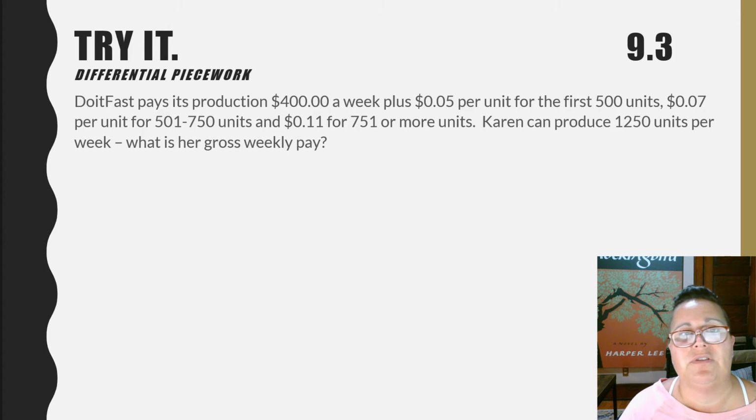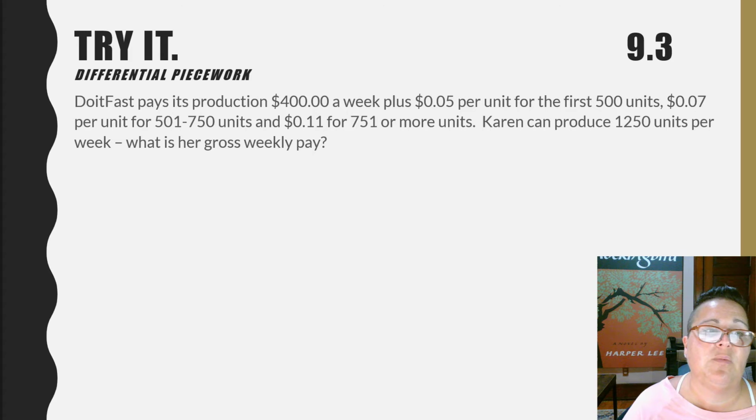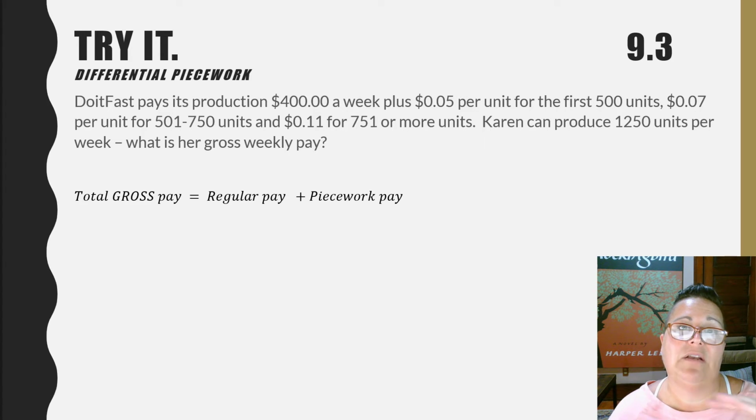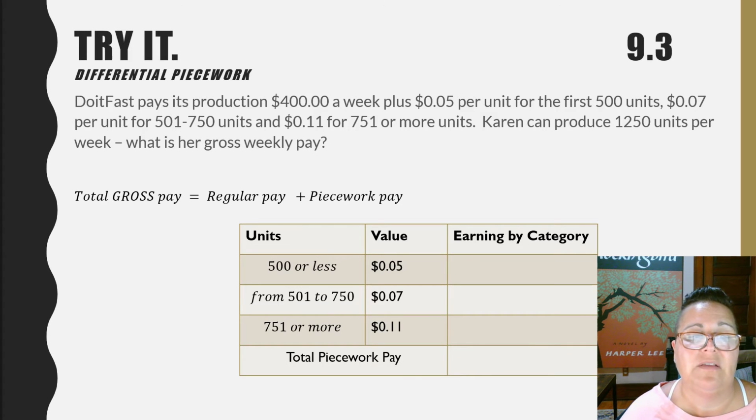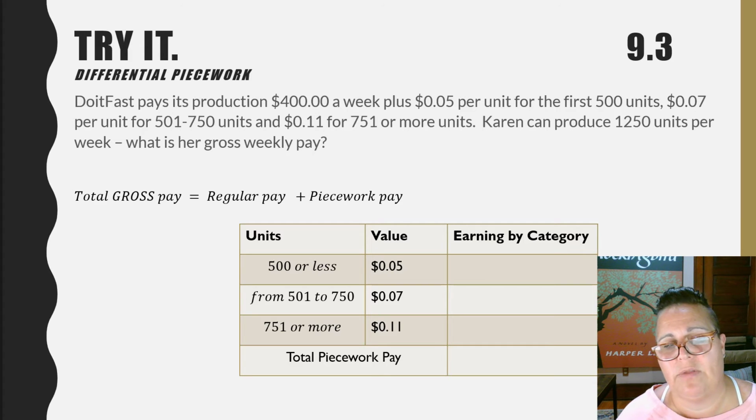Karen knows she can produce 1,250 units per week, so what's her gross pay? For her gross pay, we need her regular pay plus her piecework. In order to find her piecework pay, I'm going to use this table. This table brings out the 3 categories.